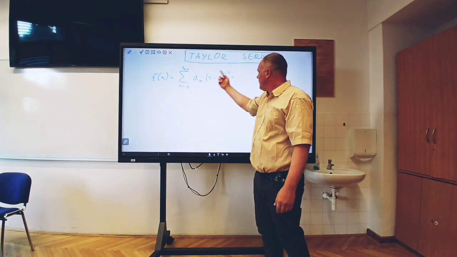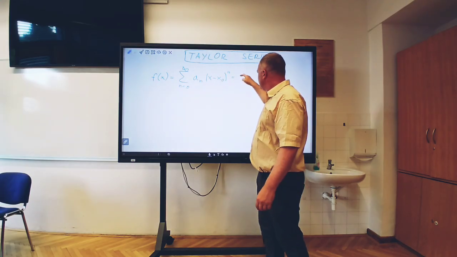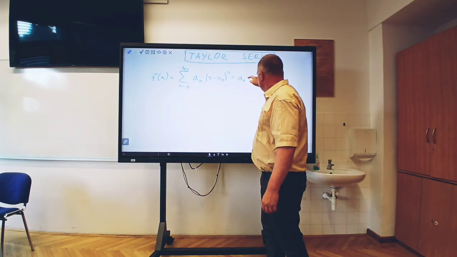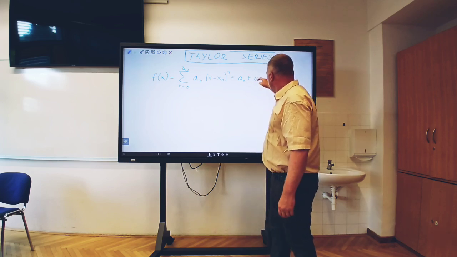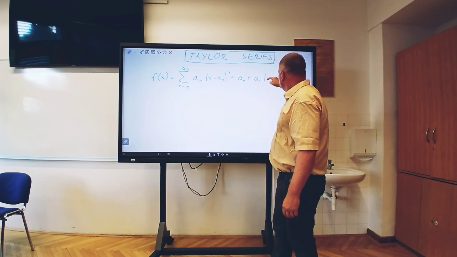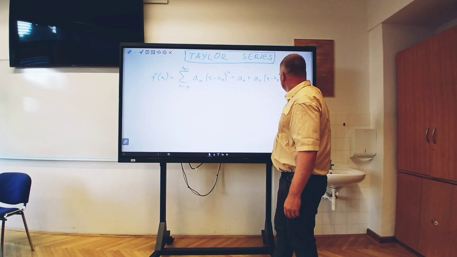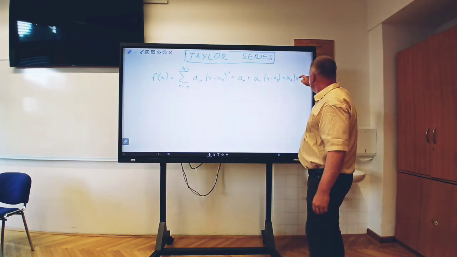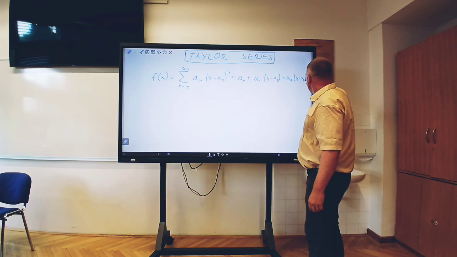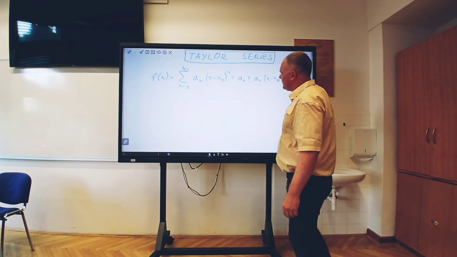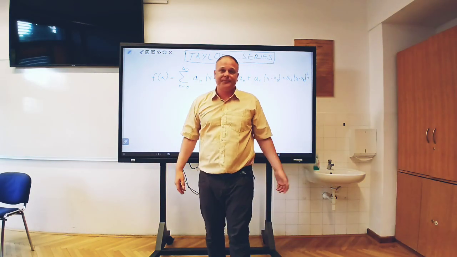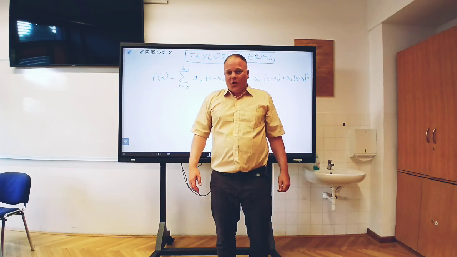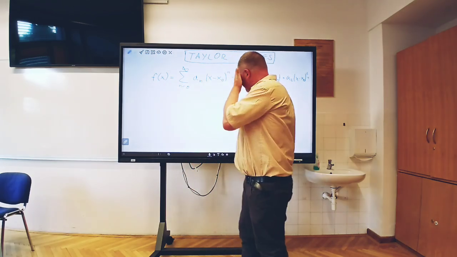First for n is 0, this is 1, so it says only a0. Then it's plus a1 (x minus x0). Then plus a2 (x minus x0) squared, plus, and so on to infinity. You can do it by yourself for as many parts as you wish.